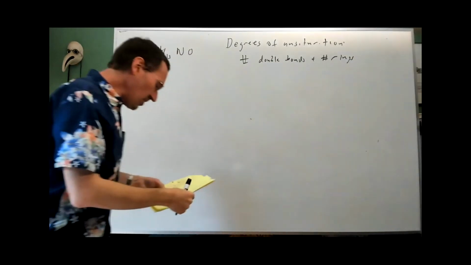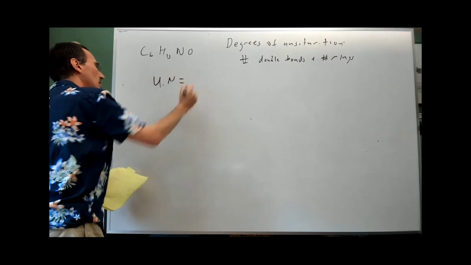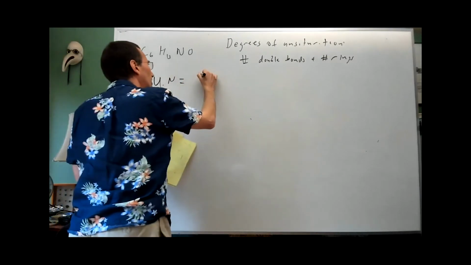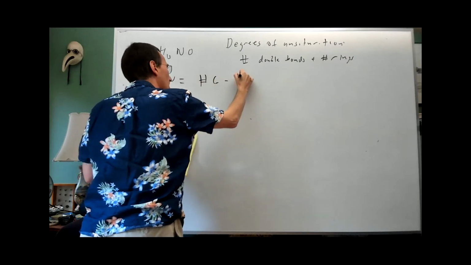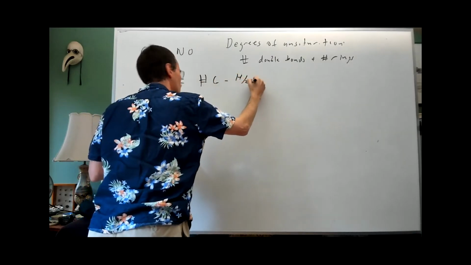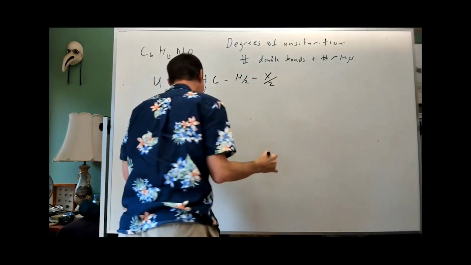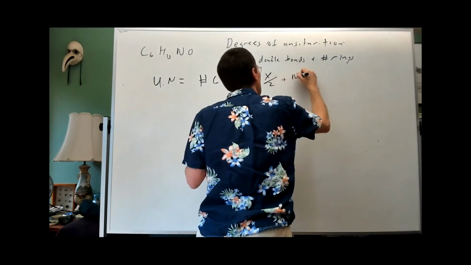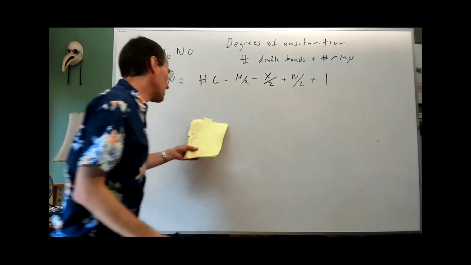And so if you're a person who likes formulas, you can say the degrees of unsaturation is the number of carbons minus the number of hydrogens divided by 2 minus the number of halogens divided by 2 plus the number of nitrogens divided by 2 plus 1.